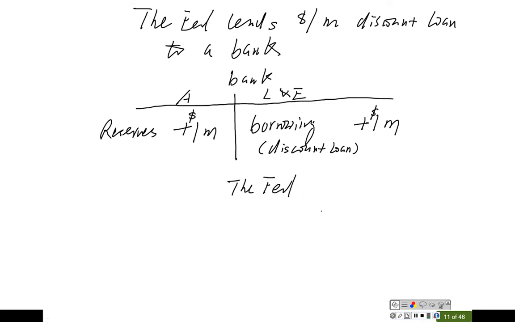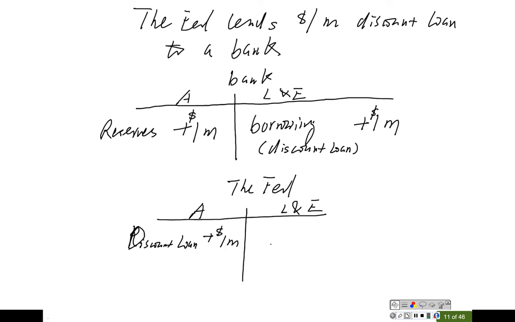Because this monetary action also involved the Federal Reserve, we also need to show what happened to the Federal Reserve balance sheet. Remember, when the Fed lends out money to the bank, the money is an asset of the Federal Reserve. So this discount loan they lend out is part of their assets.